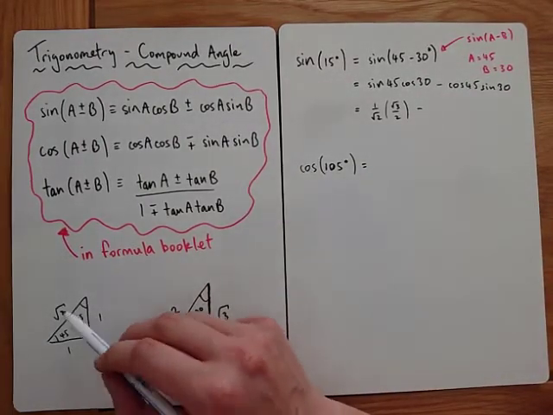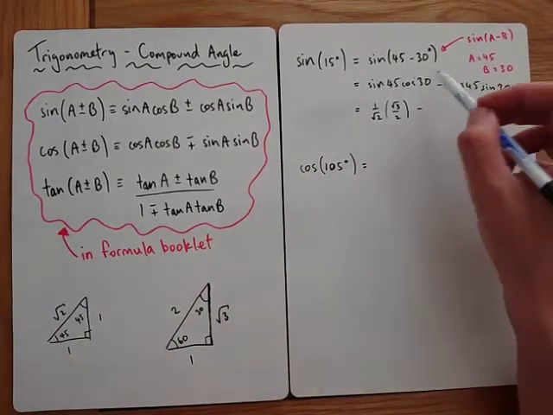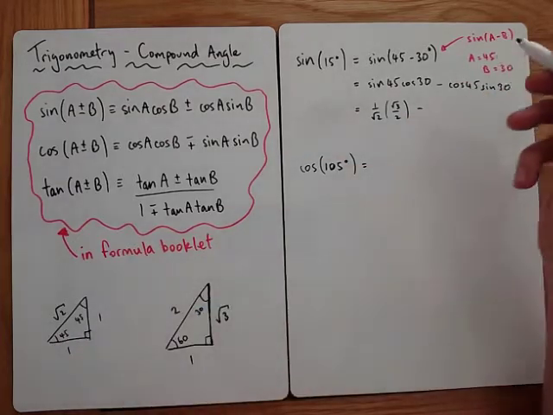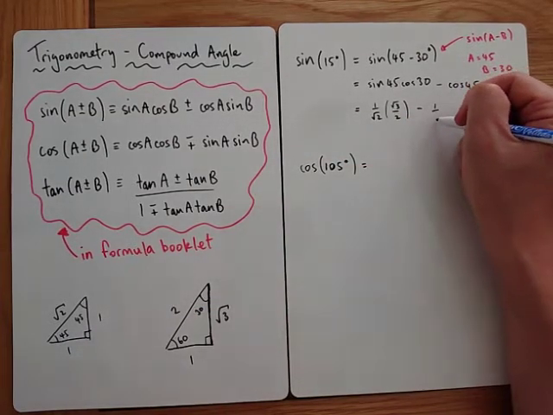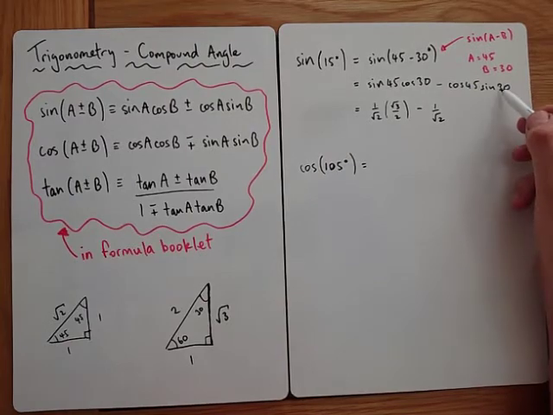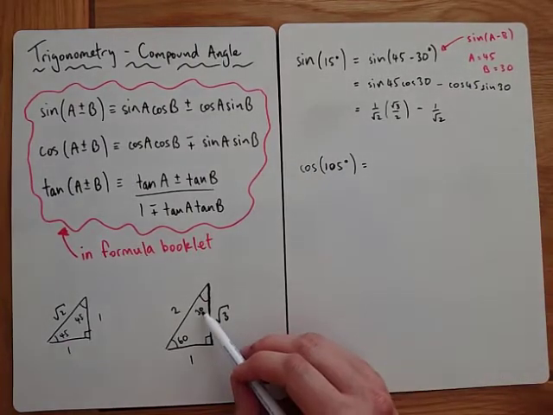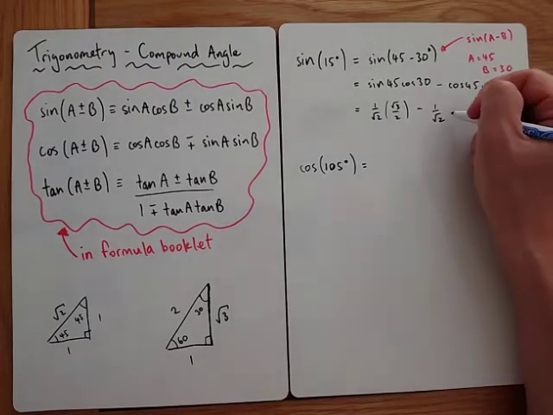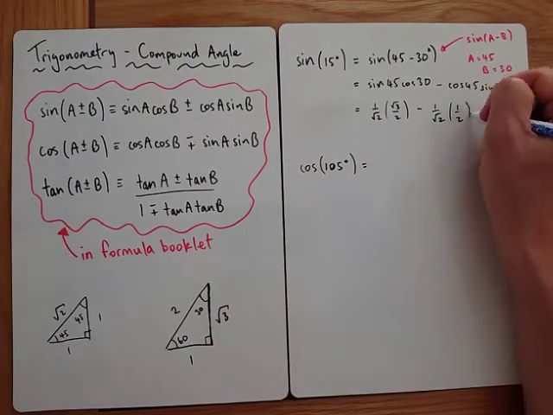Cos and sine of 45 are the same, they're both 1 over root 2, but you can use either 45 here. Cos is adjacent over hypotenuse, so 1 over root 2. Sine of 30 degrees, sine is opposite over hypotenuse, so that would be 1/2.